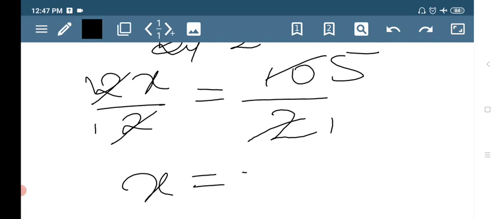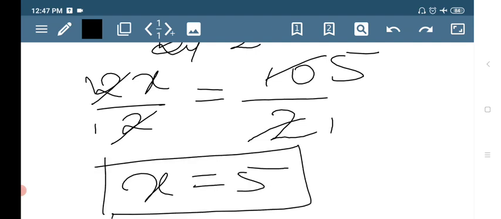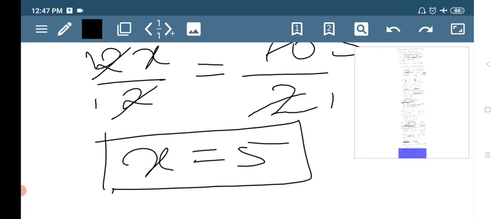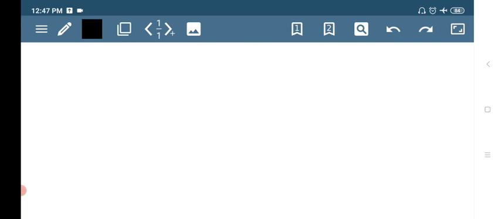So x is equals to 5. Got it? Dear students, this is the one method, solving by balancing on both the sides. Okay, so what is the another method we can solve? Look at here, the second method.